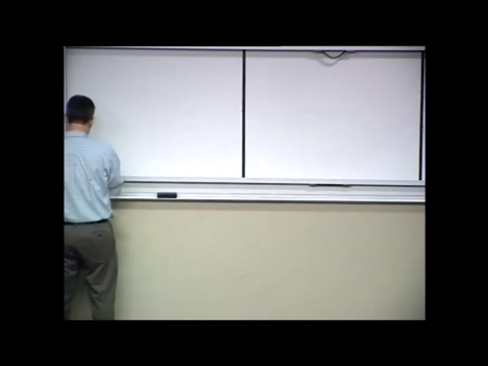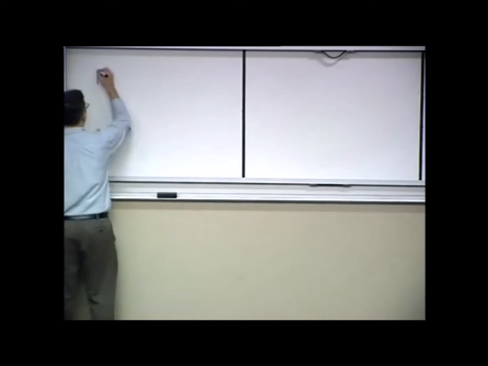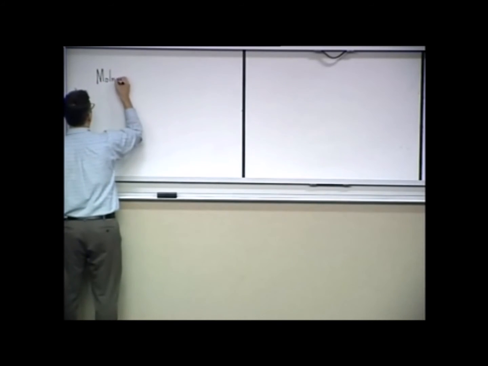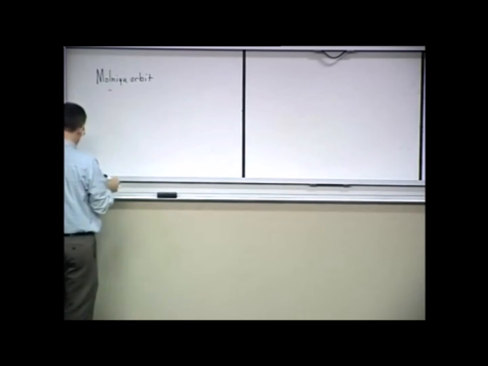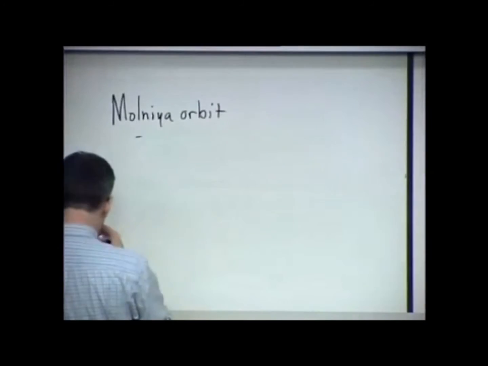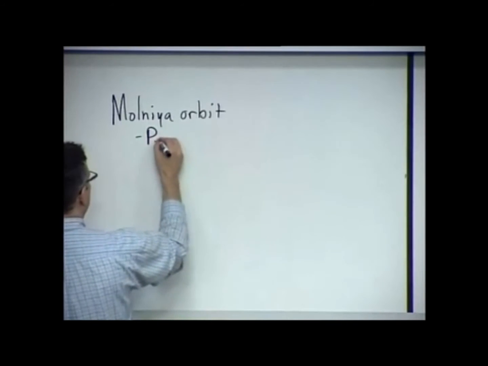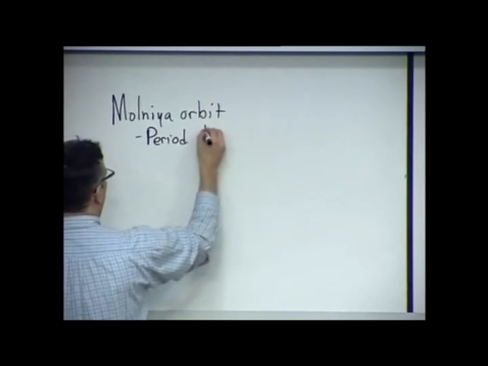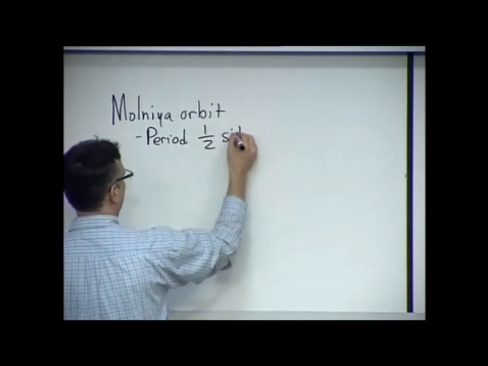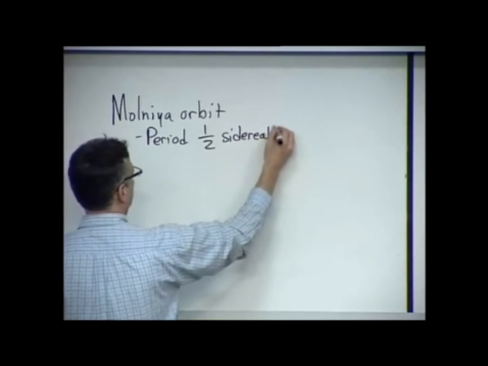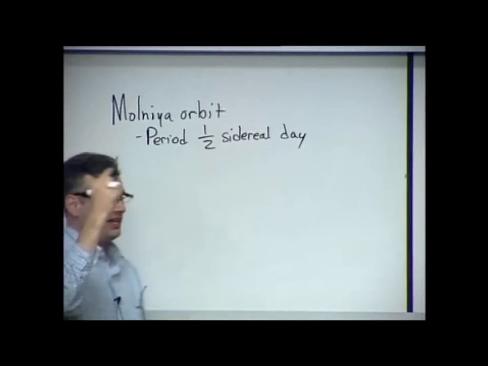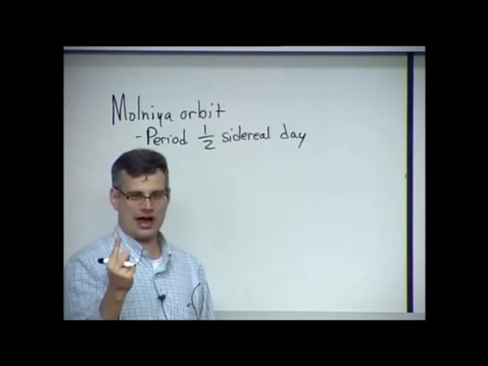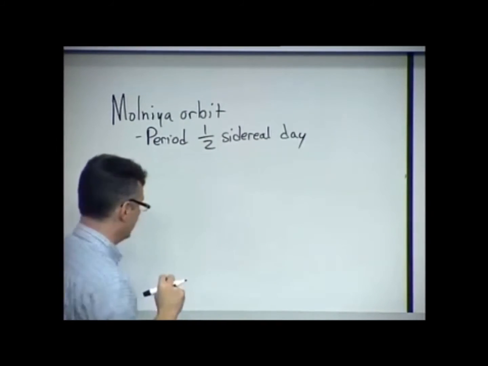So what are the specs of the Molniya orbit? Okay. Period of 1/2 of a sidereal day. So it will repeat itself exactly 2 times during the course of 1 sidereal day.